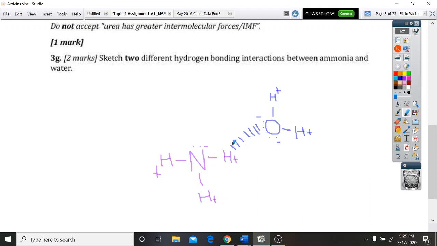All I'm trying to say is the positive of this H is attracted to the negative of this O. And over here, I'm going to do the opposite. I'm going to have the N be attracted to one of the H's on water. These are 2 different hydrogen bonding interactions. Since both of these molecules contain hydrogen bonds, I can hydrogen bond them to each other.